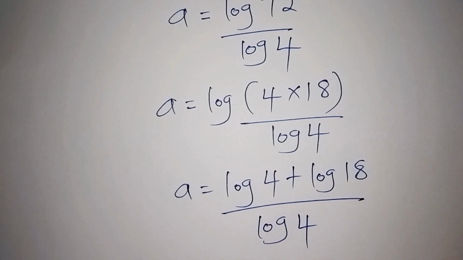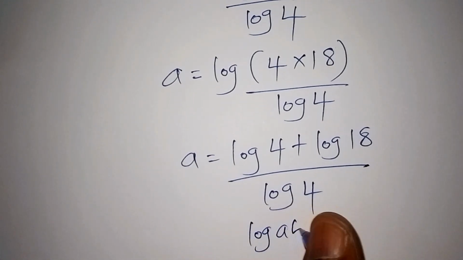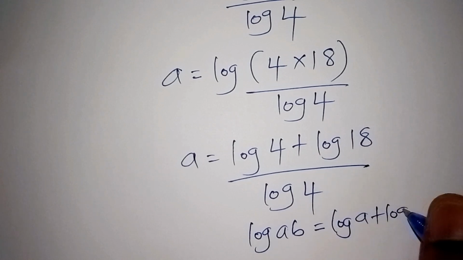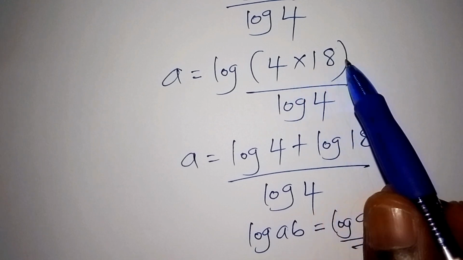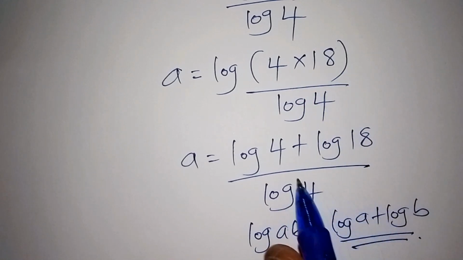So why have we worked it out here? Simply because suppose we have something like the log of AB, we shall end up with the log of A plus the log of B. So that's why we have converted the log of 4 times 18 into this form of log A plus the log of B. So let's proceed from here.